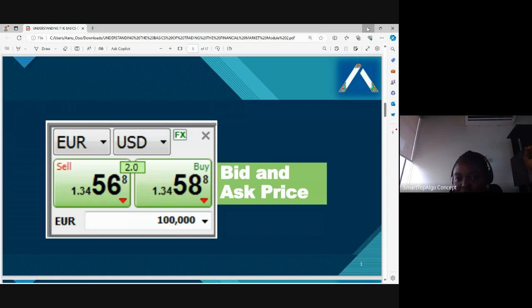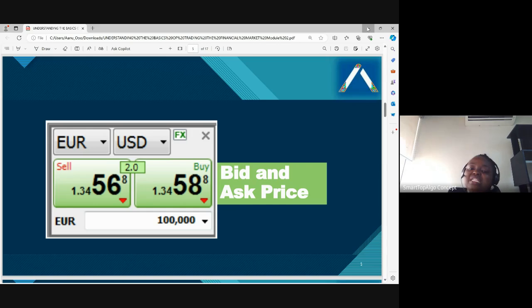So in summary, to know your pip value, it is always the 4th digit after the decimal. This is the decimal: 1, 2, 3, then we have 4. The pip is always the 4th digit after the decimal. But when you are doing this, you need to know that there is an exemption, and this exemption is for any currency that is quoted with JPY. It may be USD JPY, Euro JPY, or AUD JPY.